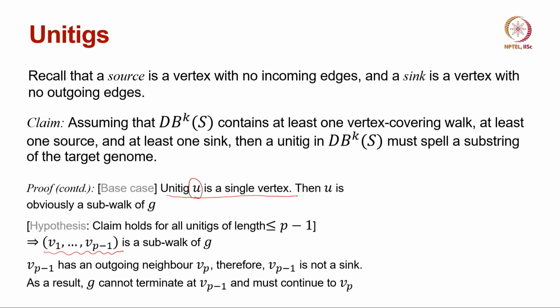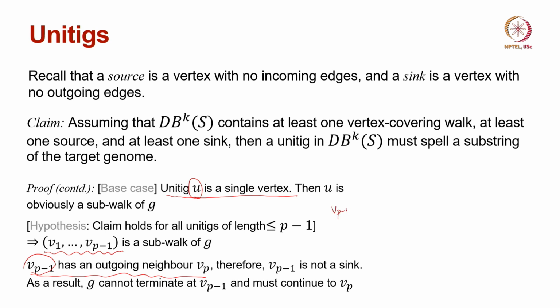Now, how do we prove the main claim, that is, the entire unitig is a sub walk of G? Well, observe that Vp minus 1 has an outgoing edge to Vp, and therefore, Vp minus 1 is not a sink vertex. As a result, when the walk G reached Vp minus 1, it cannot terminate at Vp minus 1 and it must continue to Vp, because remember that Vp minus 1 has only a single outgoing neighbor.